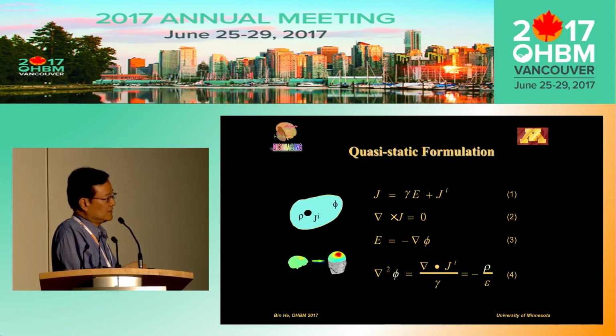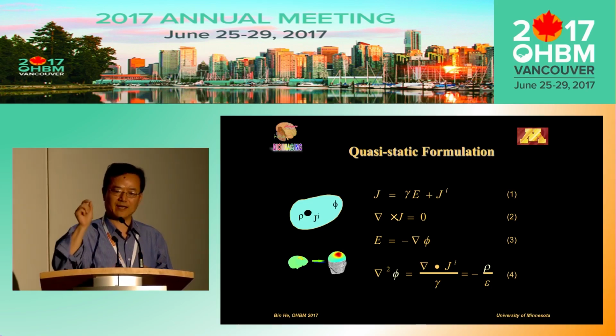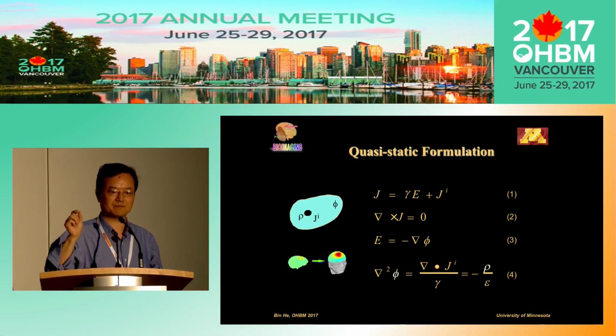You look at the Poisson equation. I'm using EEG as an example, but MEG is similar. What we measure is the potential phi. The true source is a charge density rho, or could be current density J inside the brain. So you can see the relationship between the source and the field is not a simple one. It has a Laplacian operator.